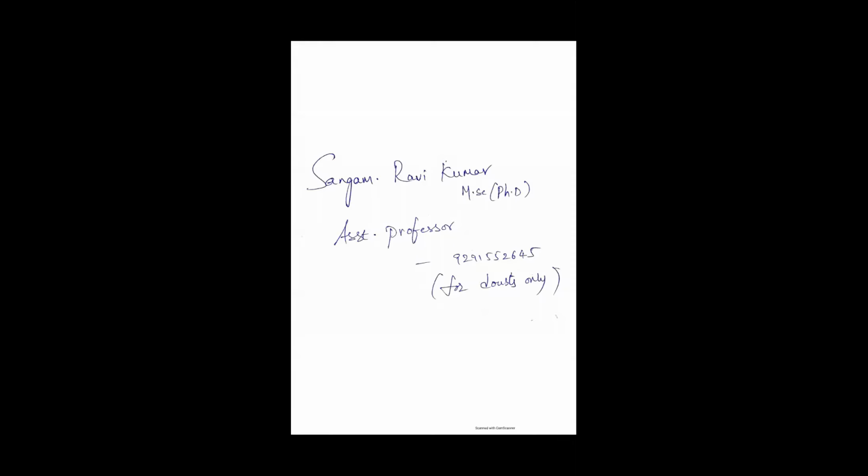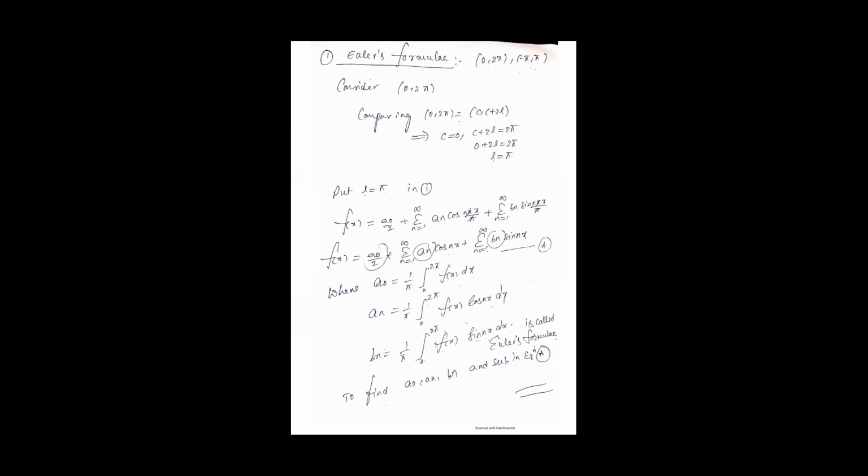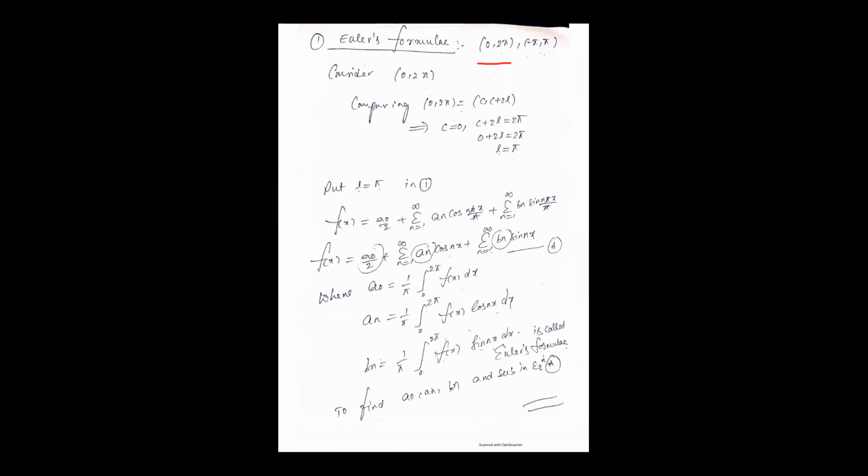So taking one problem. Okay, in Euler's formula, the given limits are 0 to pi or minus pi to pi.